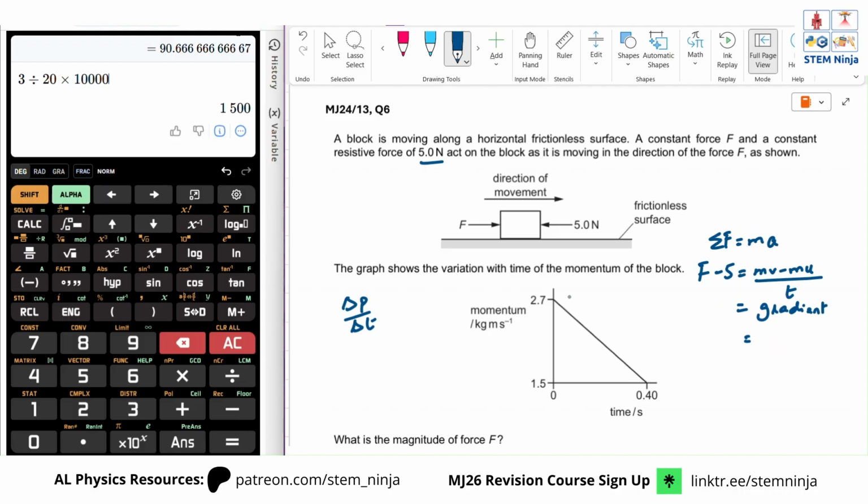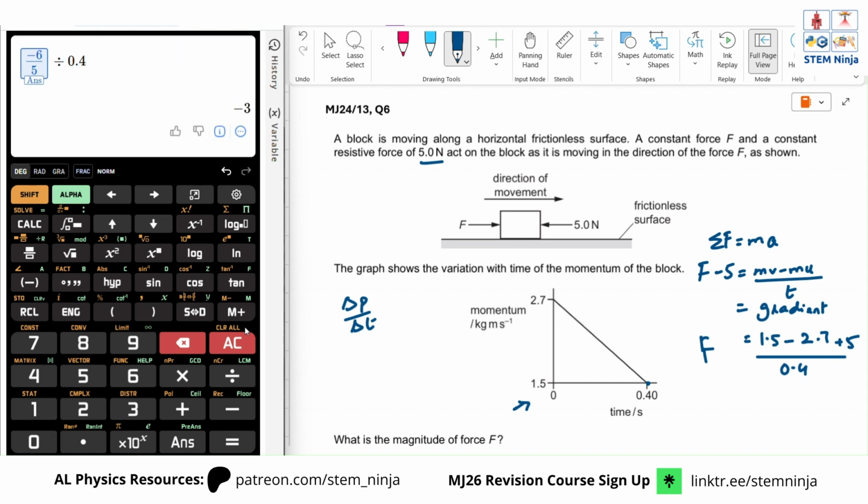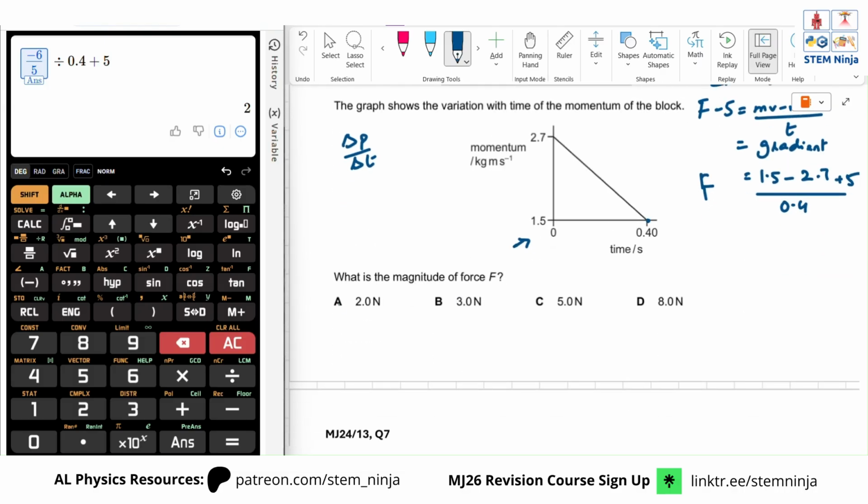Let's figure this out. Sorry, this is a 1.5. So 1.5 minus 2.7 divided by 0.4, and then F would be plus 5. So let's calculate this. 1.5 minus 2.7 divided by 0.4 plus 5, that is 2 newtons.